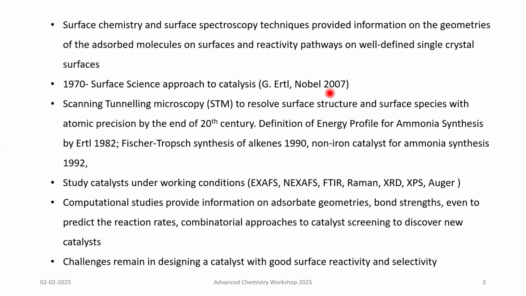That helped to understand a little more about catalytic science. Earlier people called it black magic, but it is not black magic. A lot of understanding has happened because of the surface science approach to catalysis.